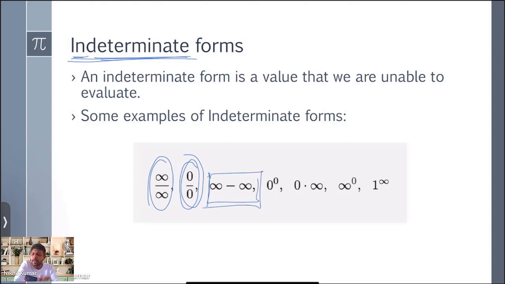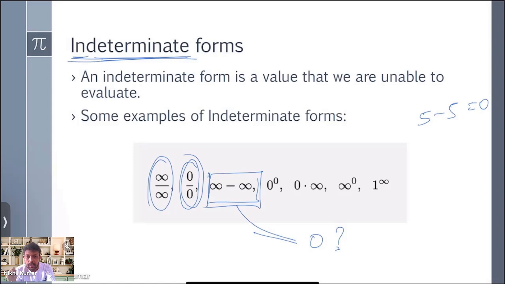Similarly, we have infinity minus infinity. Now, it would be tempting to say that, isn't this equal to 0? We know that 5 minus 5 is 0. So why not infinity minus infinity? Why can't I say that it's 0? The problem is this, that infinities are something that can never be equal. We can't really say that one infinity is equal to another infinity.